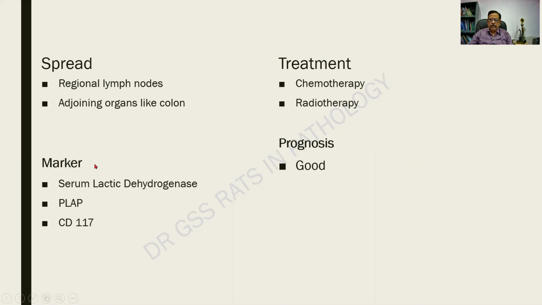The marker for a dysgerminoma can be from the following panel. One is serum lactic dehydrogenase, 2 placental alkaline phosphatase, and 3 is CD117. Please doctors remember the panel of markers, it will fetch you marks.